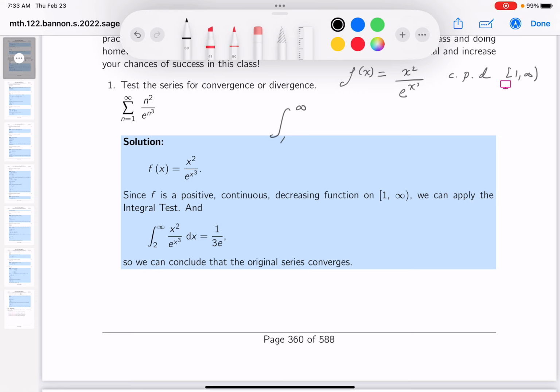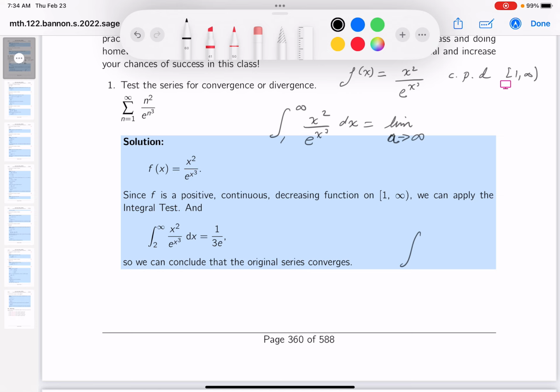So it's going to be x squared over e to the x cubed, dx. I'm going to do some integrations on the side, by the way, so I realize I need to write a limit down over here. So limit as n goes towards infinity. I'm sorry, not n, a.